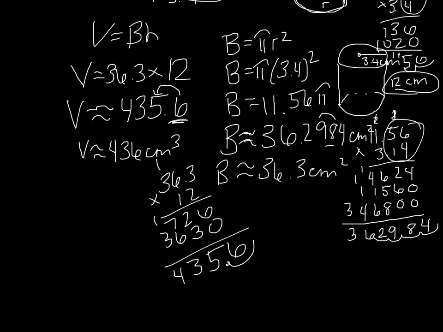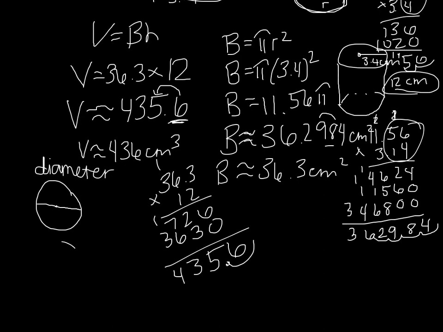Okay, I think that is about all that I have for you today. We did an example of a cylinder. We did an example of a prism. And again, that's all they're going to be asking you. The only tricky part with these is remember, if they tell you the number that goes through the center from one side to the other, that is a diameter.